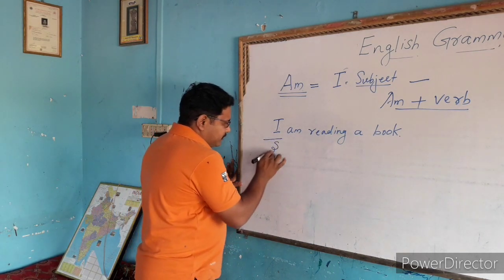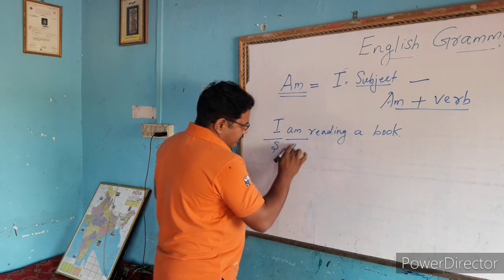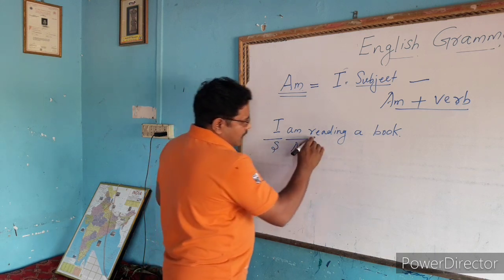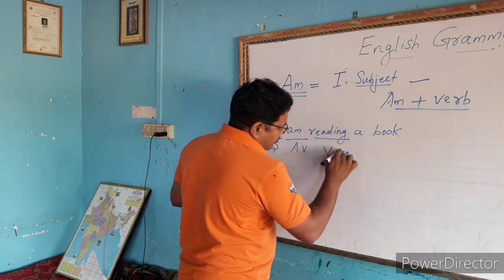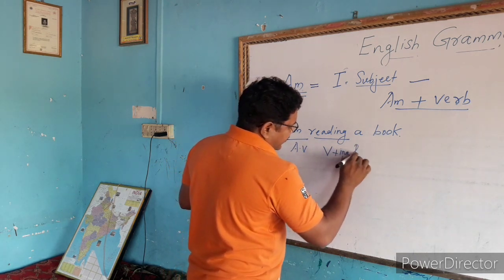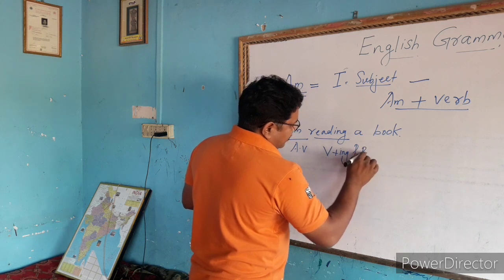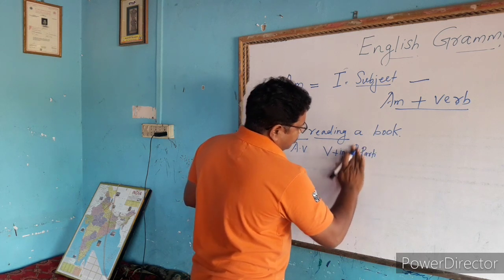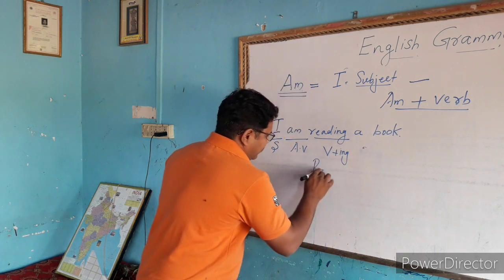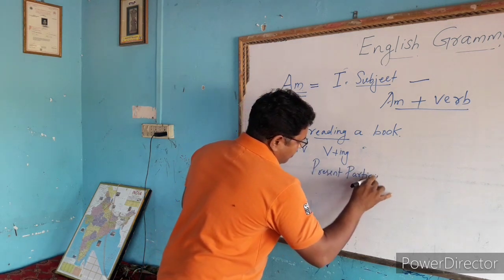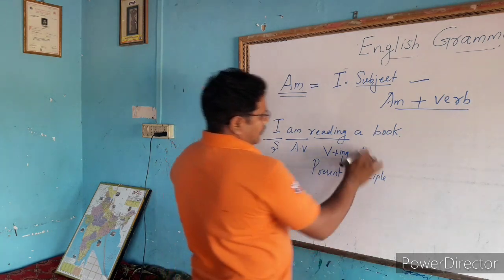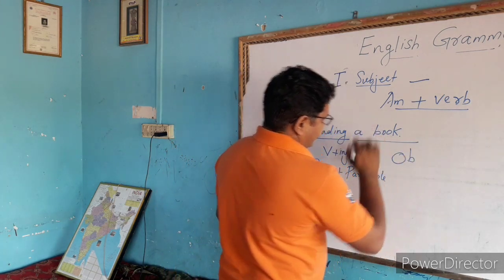I is the subject. Am is the auxiliary verb. Reading is verb plus ing, means present participle form. These are the object.